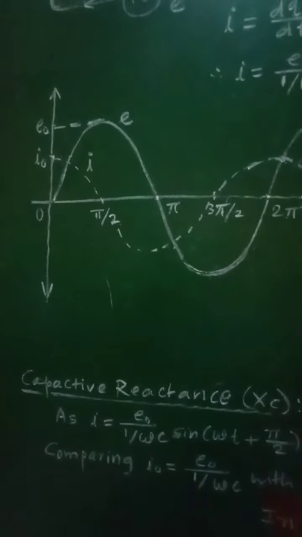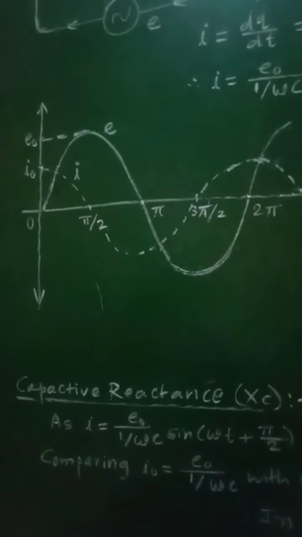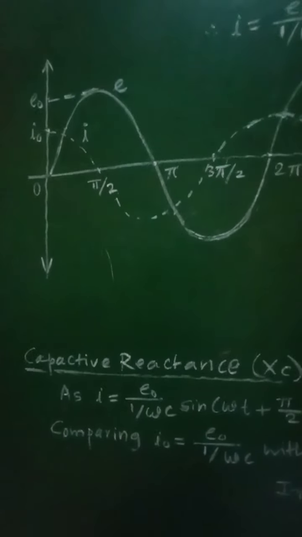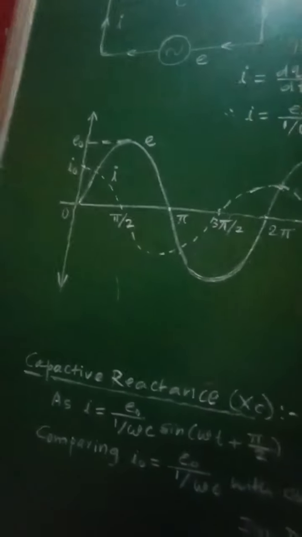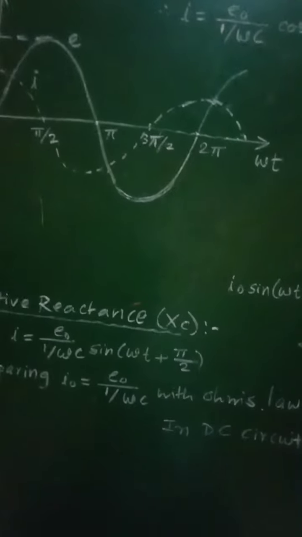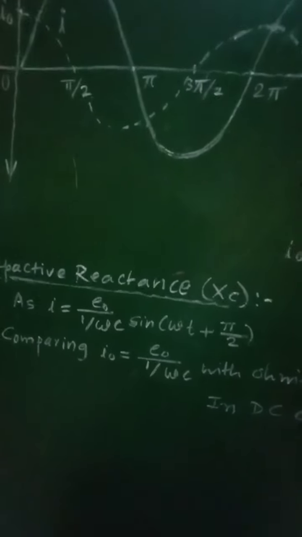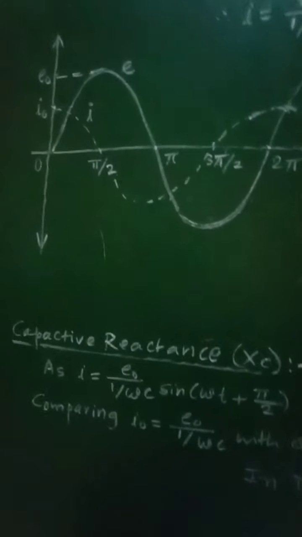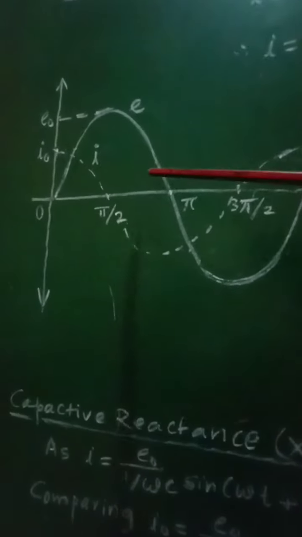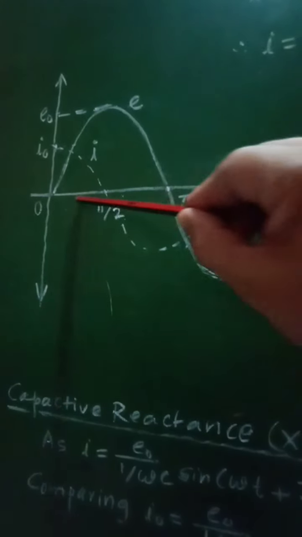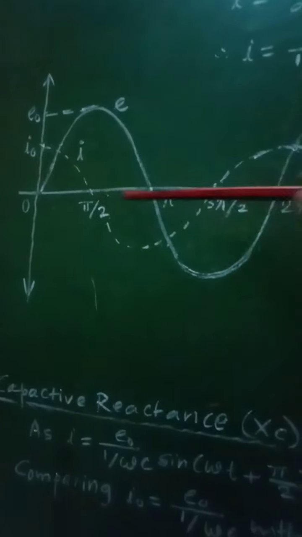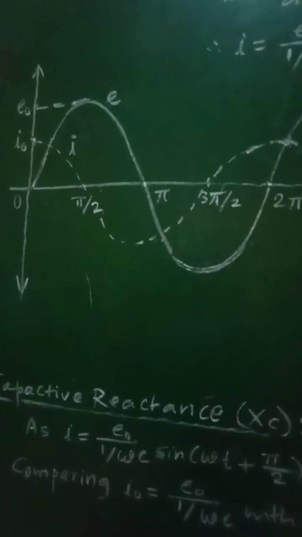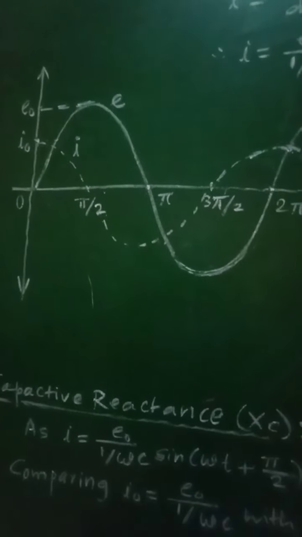Now from this graph it is clear that if you consider the variation of EMF against omega t and the variation of current against omega t, then there is a phase difference of pi by 2 between EMF and current, and hence in this case the current is leading the EMF.